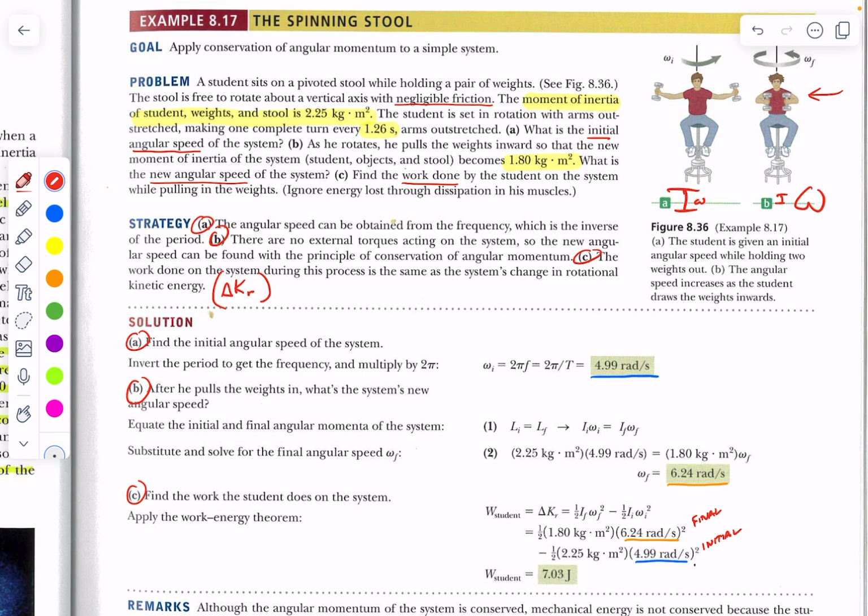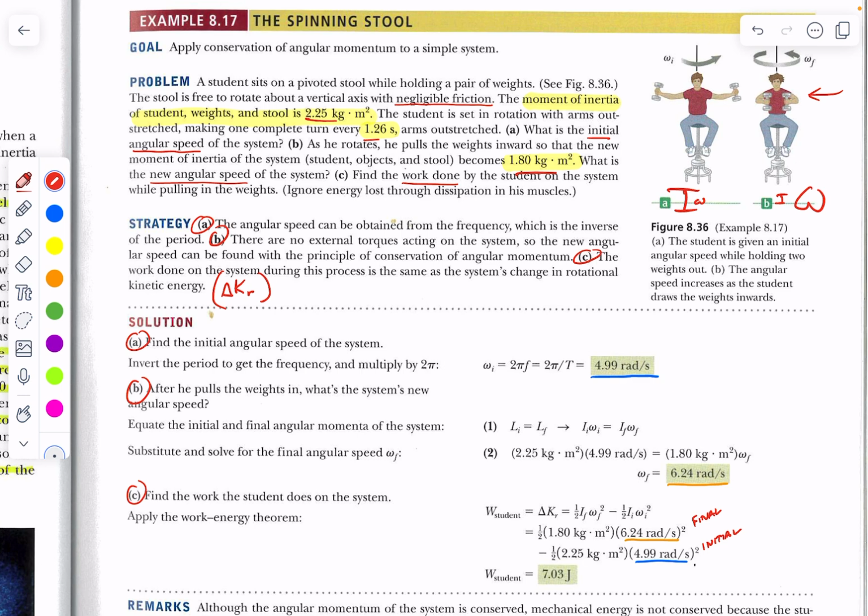And in this problem, there are 3 parts to it. We're neglecting friction. You're given some values up here. And so we want to find certain things. We're trying to find what the angular speed is.